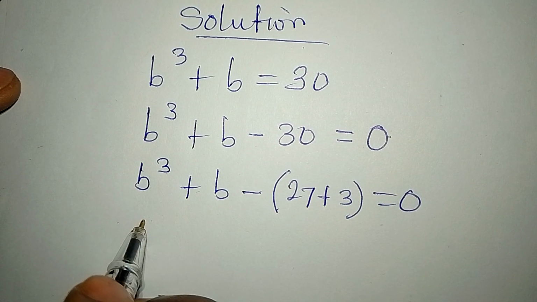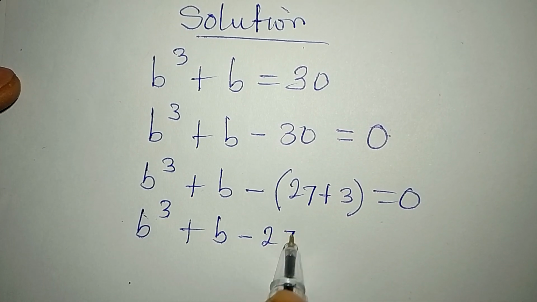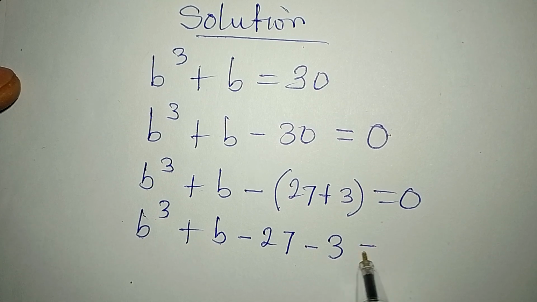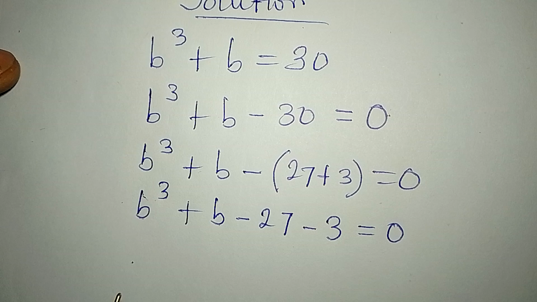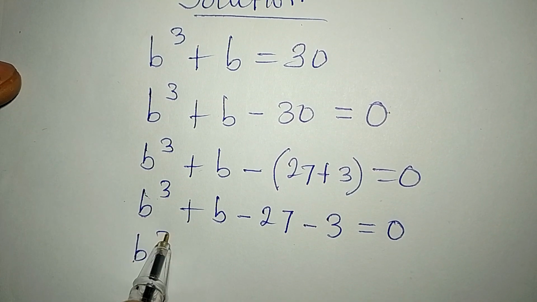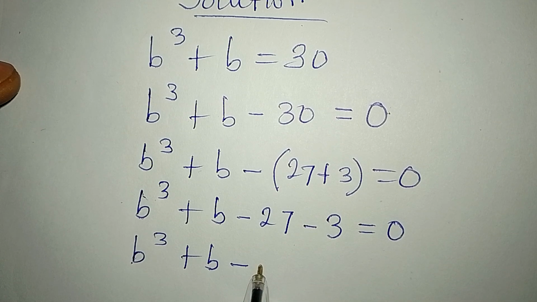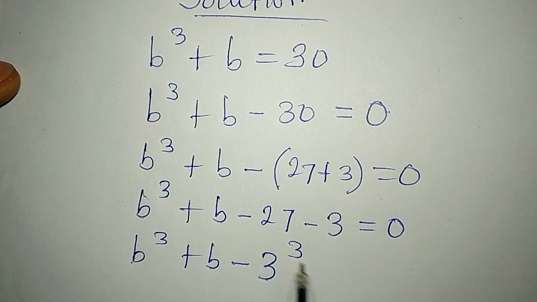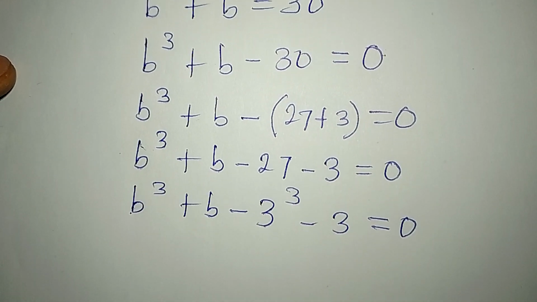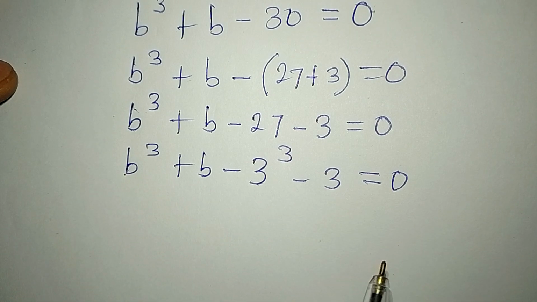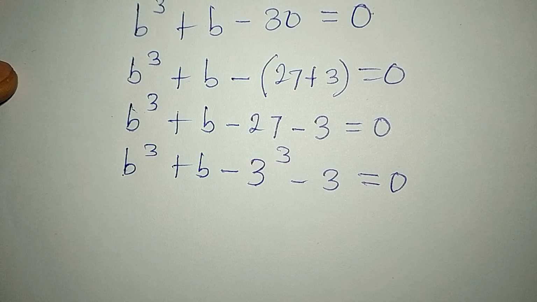So let's open this bracket, and we get b to the power of 3 plus b minus 27 minus 3, and this is equal to 0, because the negative is opening the bracket. Now, do you know that b to the power of 3 plus b minus this 27 will now be 3 to the power of 3, then minus 3 equals 0. Okay, if not for the fact that we have to solve this completely, we already know the real solution to this equation. Okay, but then let's continue.